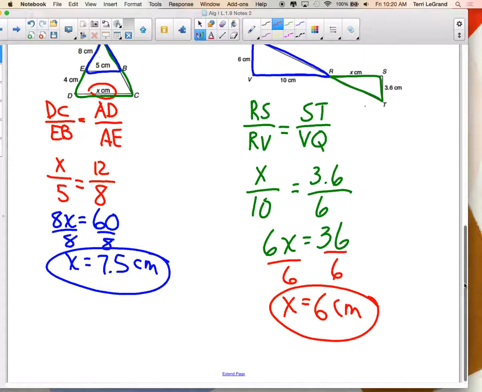So sometimes when our figures are connected, or touching, we have to make sure that we can still have good proportional relationships, okay? Any questions at all? Nope. You want to make sure that you very carefully write down the problems you need to do.